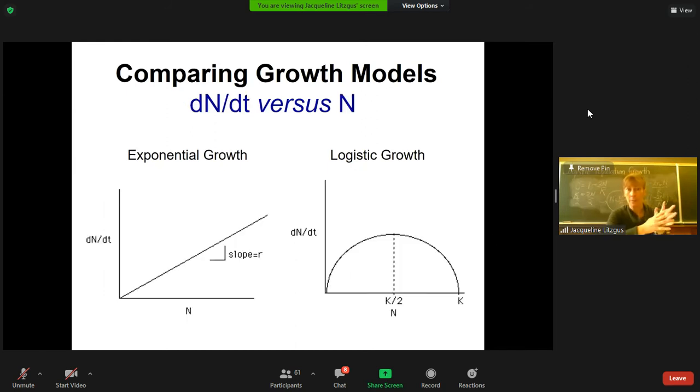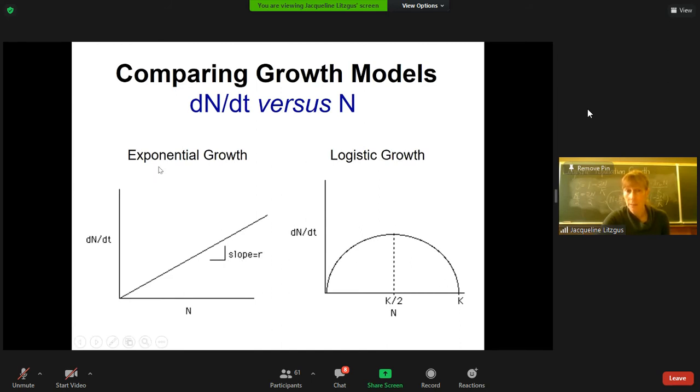Now we can look at the comparison of dN/dt versus population size. So this is growth rate, right? The change in population size with respect to time, dN/dt, on the y-axis, compared to population size. For the exponential, right here on the left side, population growth rate increases as population size increases. We have a positive slope for this line, and the slope of this line represents little r, the per capita growth rate.